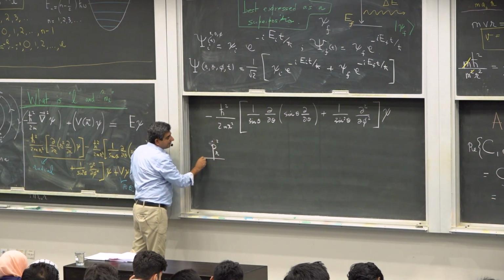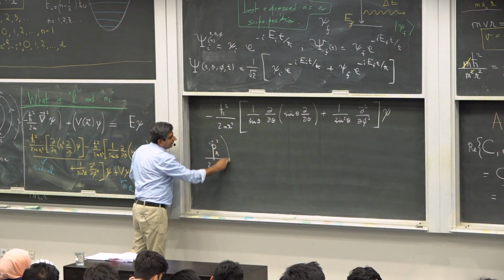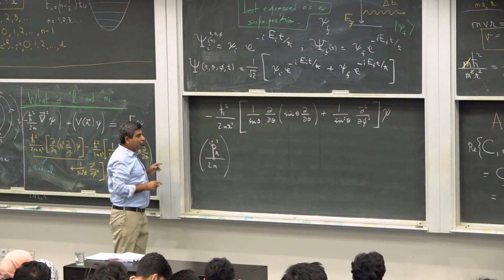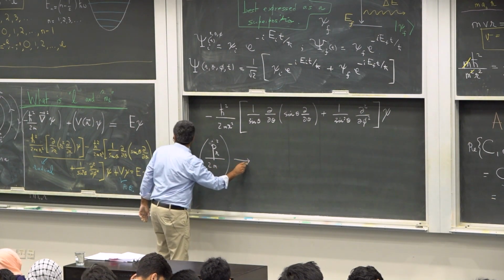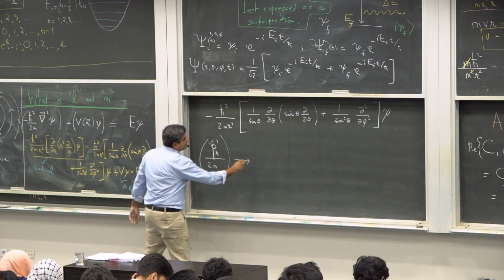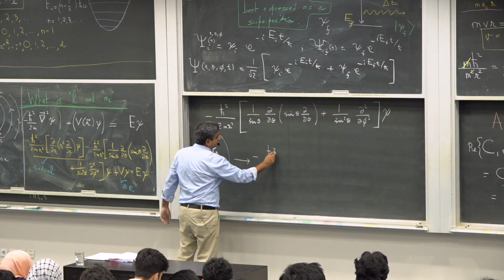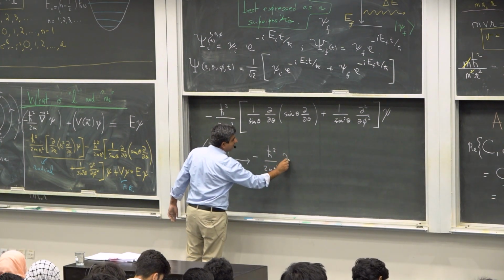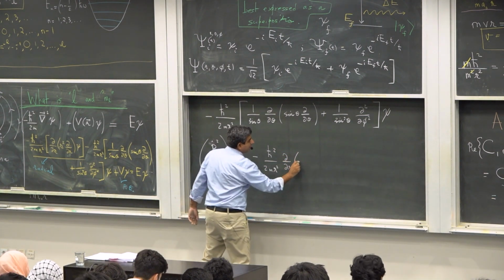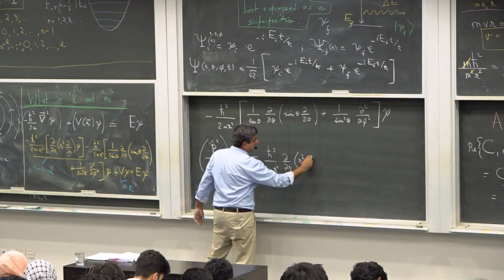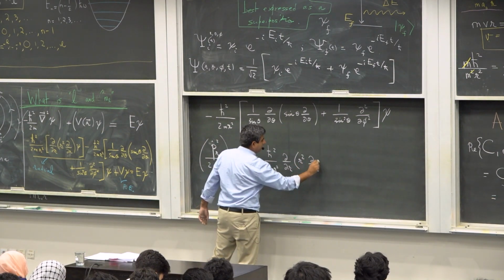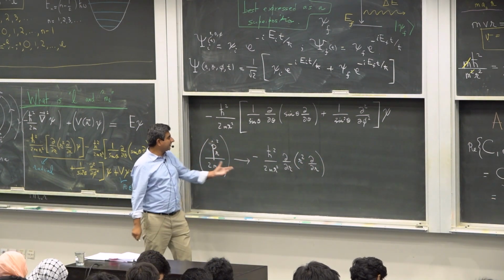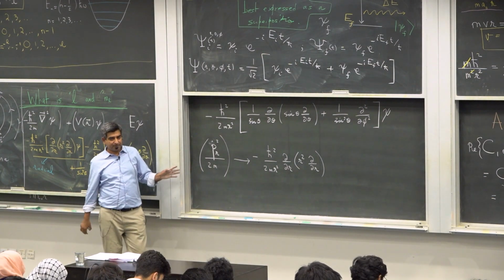So can I break down the three terms in the kinetic energy to two distinct components? So what about this term here? 2m r square. This term really corresponds to pr square over 2m.